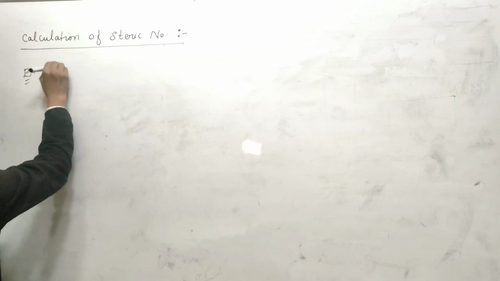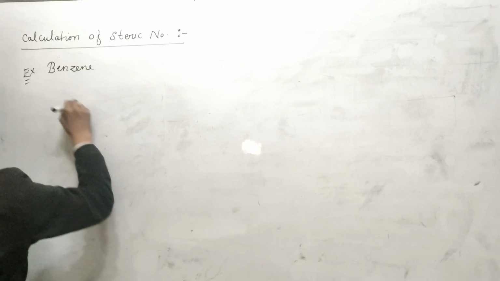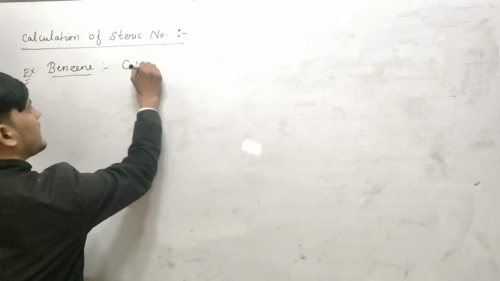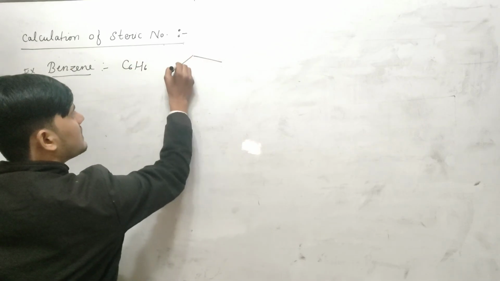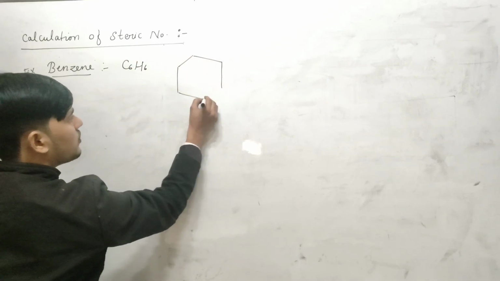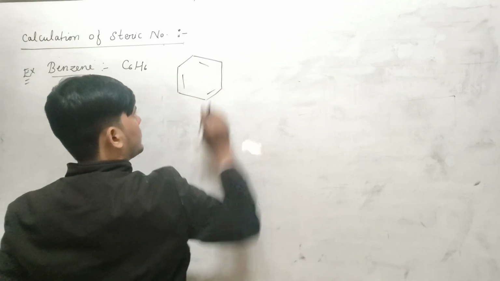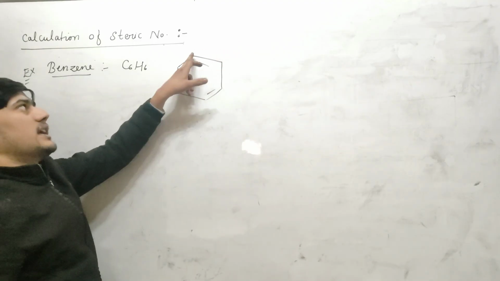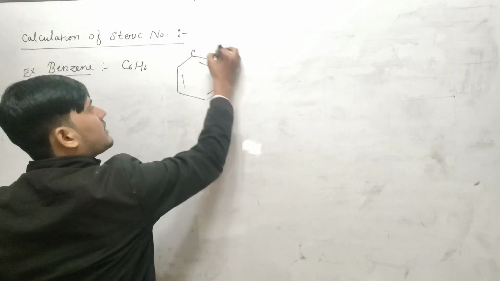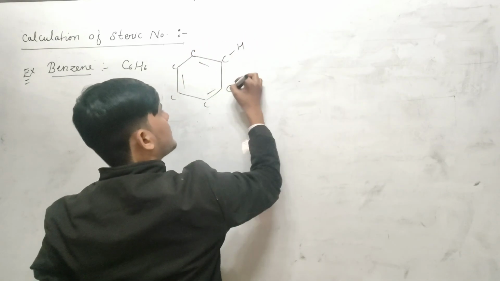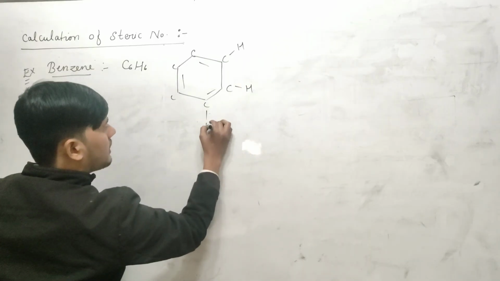For example, let us consider benzene. Benzene is C6H6. The geometry of benzene is like this, as you all know very well. In benzene there are 6 carbon atoms, and 1 hydrogen is present on each carbon atom.